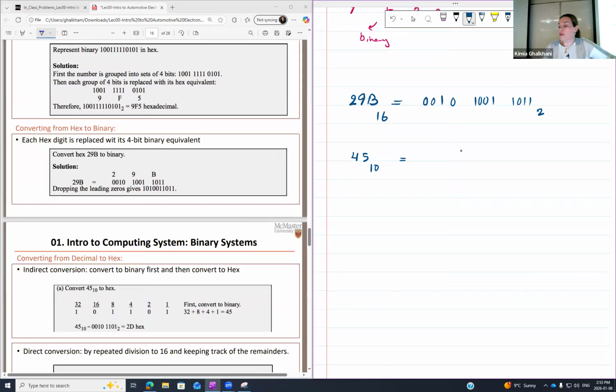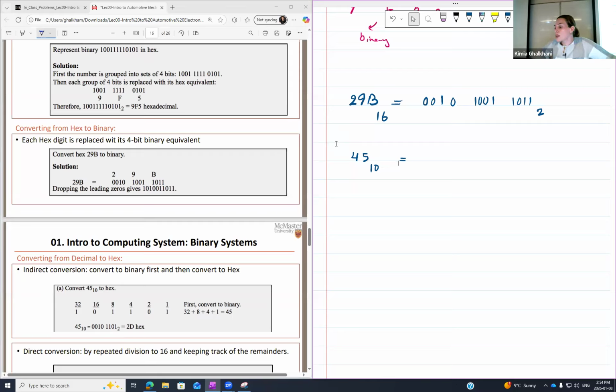There are 2 methods to convert. One method, which is the easiest, if I have 45 to be converted, is dividing it by 16, very similar to the way we convert 10 to 2. Remember, I was dividing by 2 until the remainders were all 0 and 1.